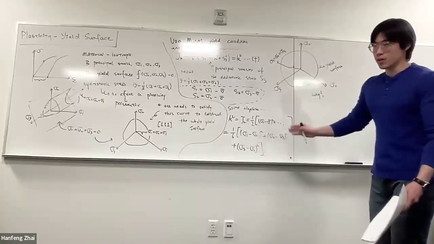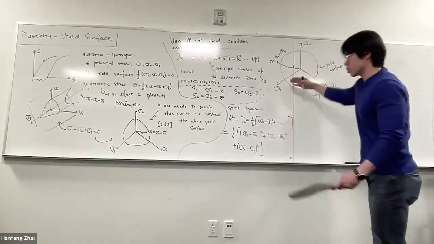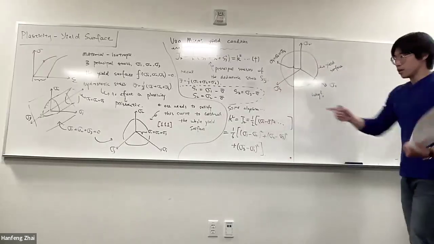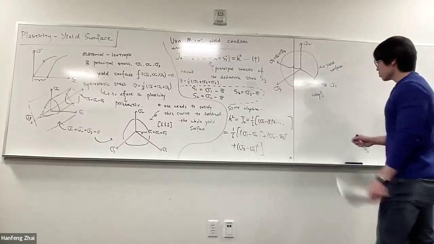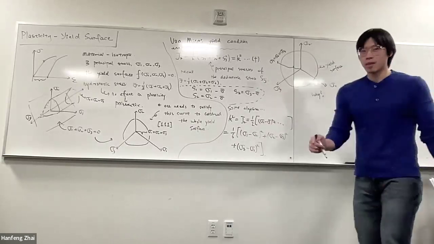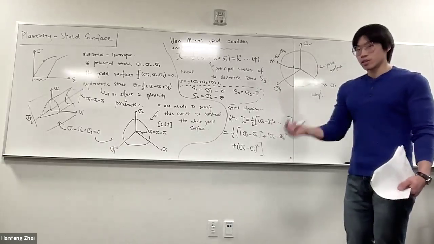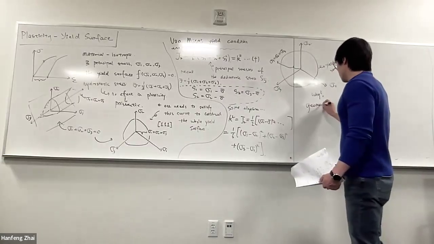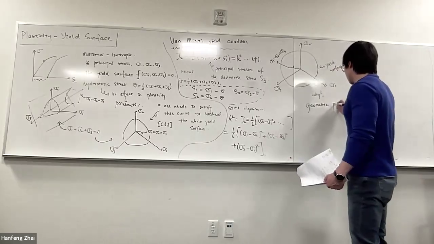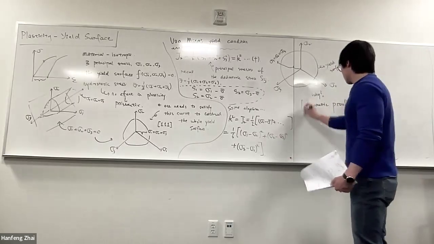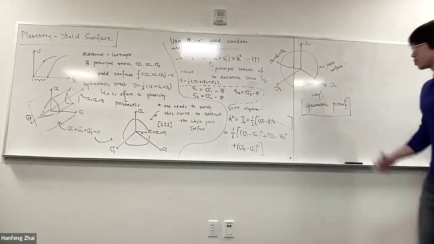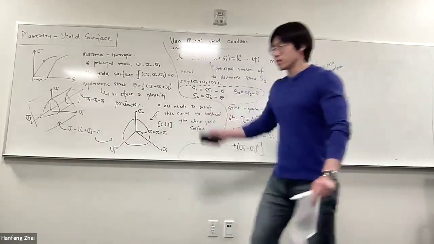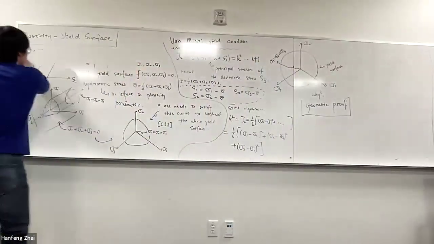So now I'm going to prove to you why this equation ends up being a circular yield surface on the pi plane projection, the principal plane projection. And I'm not going to prove it mathematically, I'm going to prove it geometrically. So how do I prove it geometrically? I first wipe out the general definition and use this part of the whiteboard.